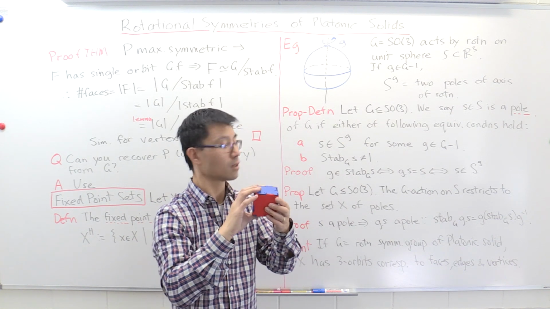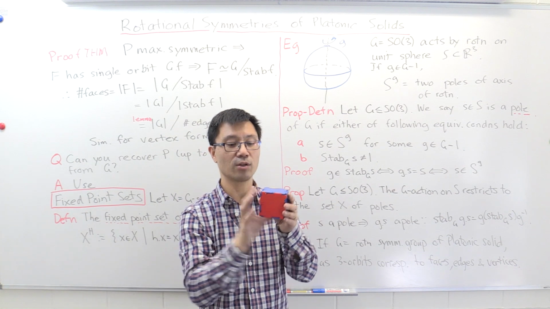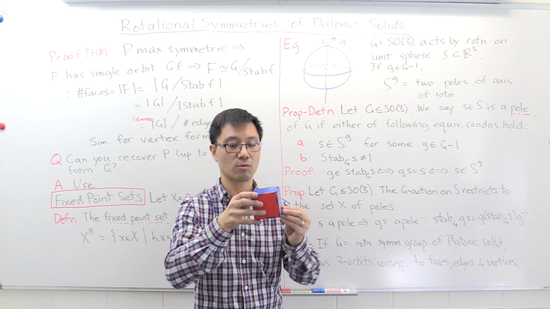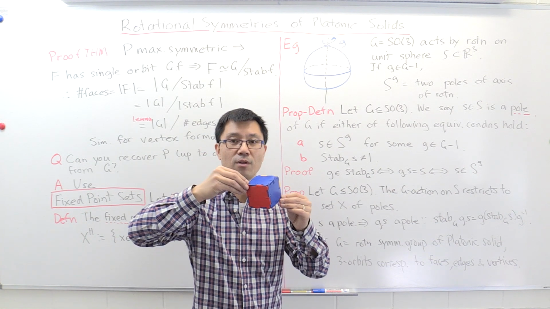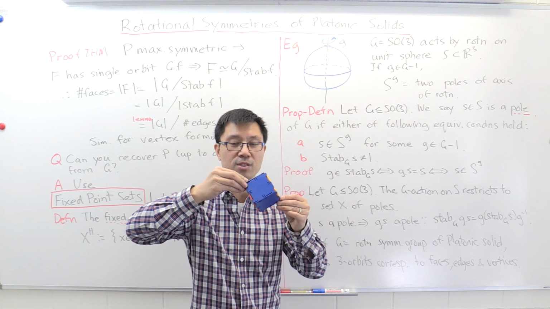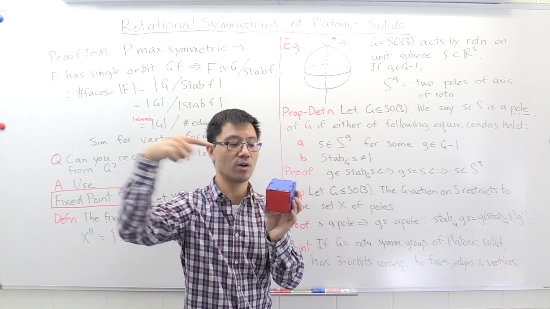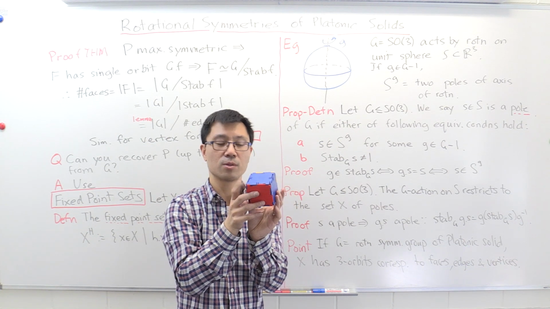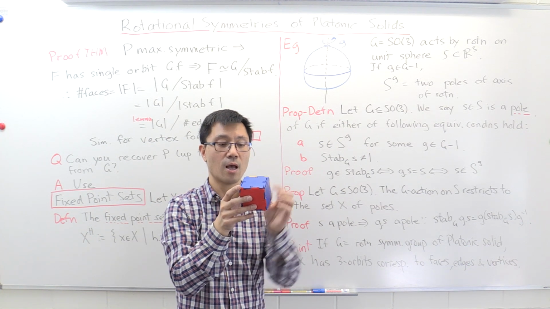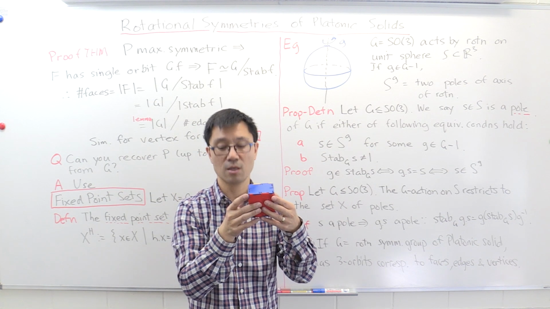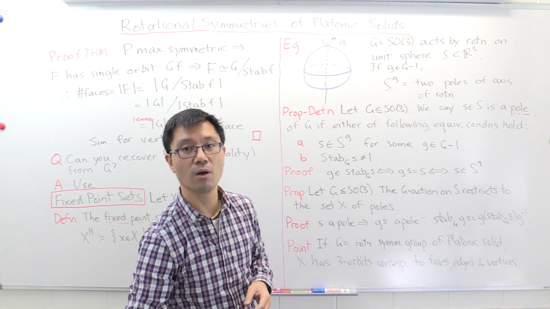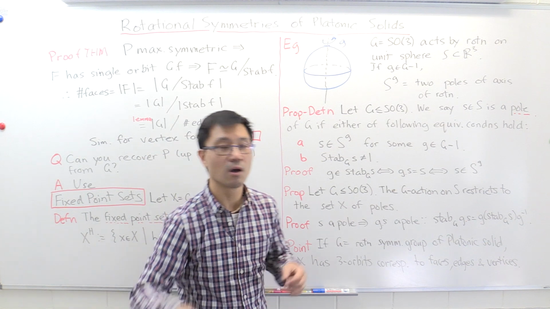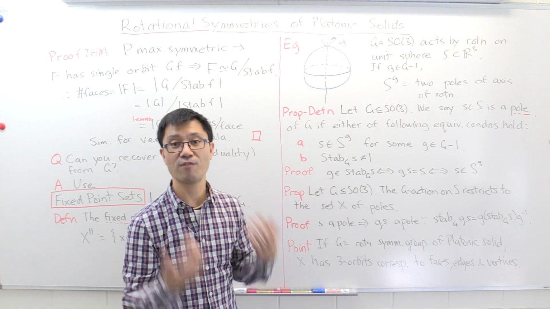If you want to get a handle on the vertices, you can look at the rotation through that vertex, for example, the rotation across this diagonal here. That has 2 poles, and they correspond to the 2 vertices here. And similarly for the edges. So the poles really give you the set of edges, faces, and vertices.